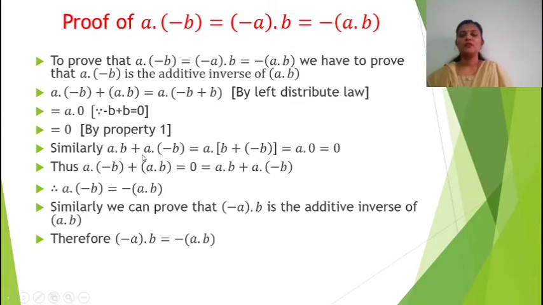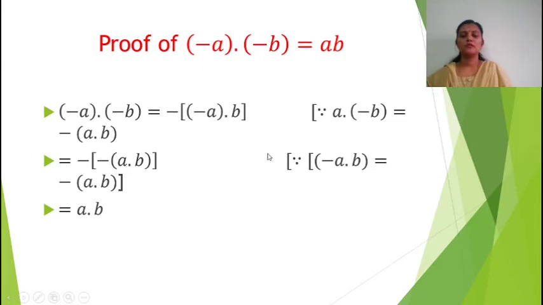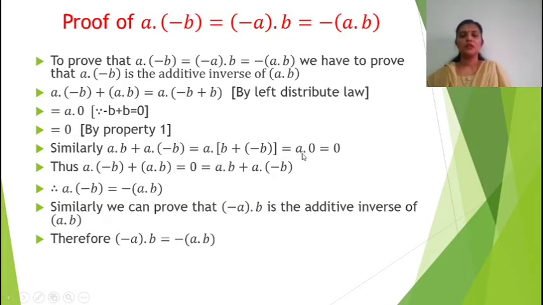Similarly, we now have to show the other way: a·b + a·(-b) = 0. Take a·b + a·(-b), which is equal to a·(b + (-b)), which is a·0, which is equal to 0. Thus a·(-b) + a·b = 0.